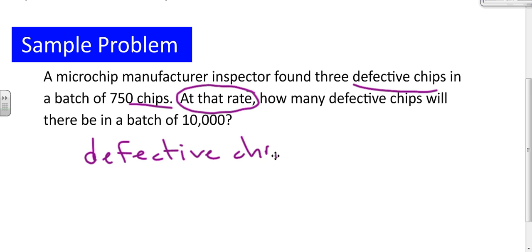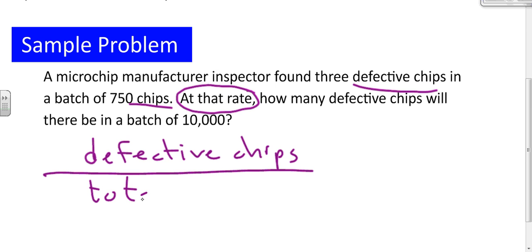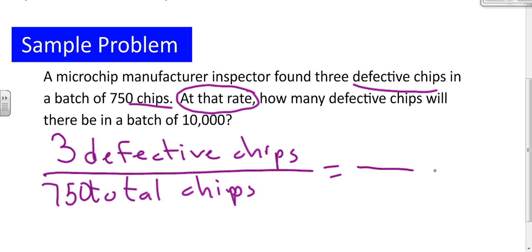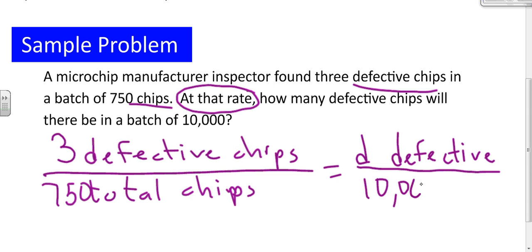The first part of my question says there are 3 defective chips out of 750 total chips. And then the next one is how many defective chips, D, over 10,000 total chips.